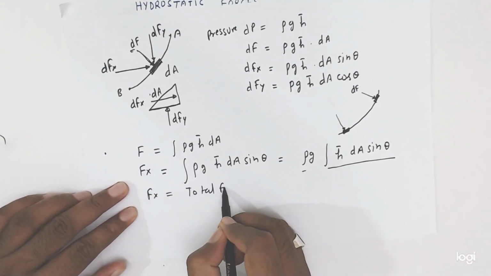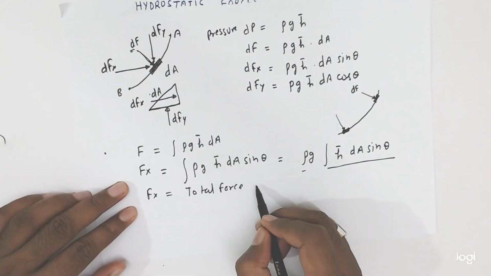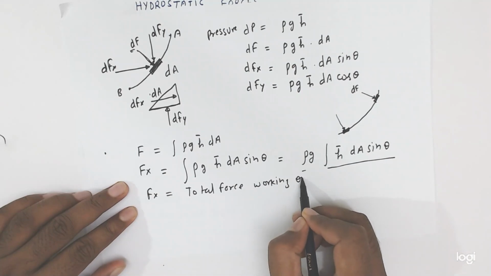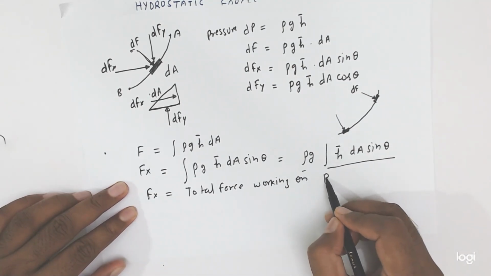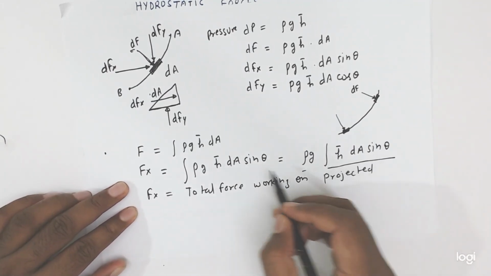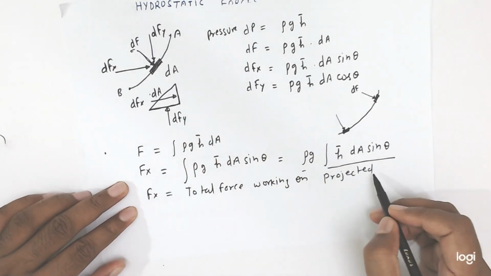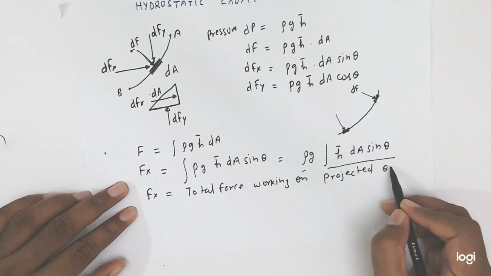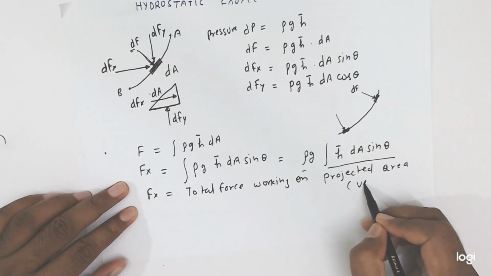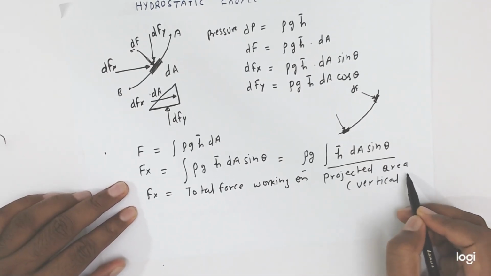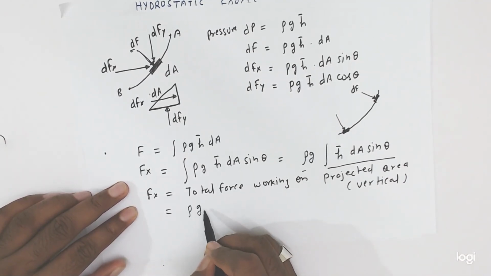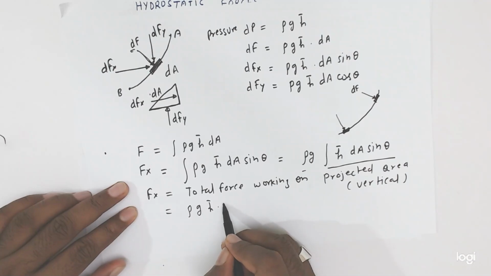Friends, you see here, the integration of dA sin theta is equivalent to the total force working on the projected area. Which projected area? The vertical projected area. It means it is equivalent to rho g h bar into area.